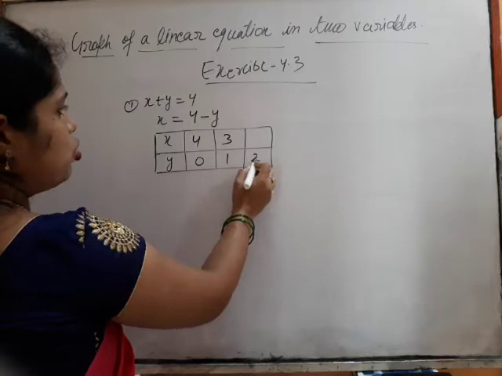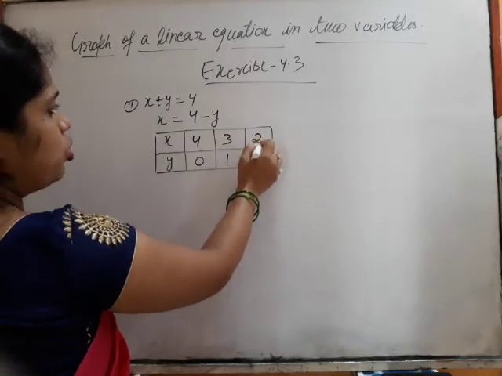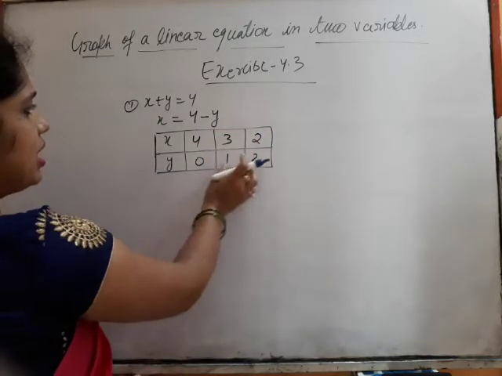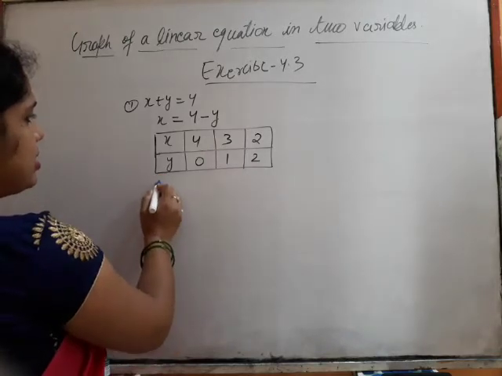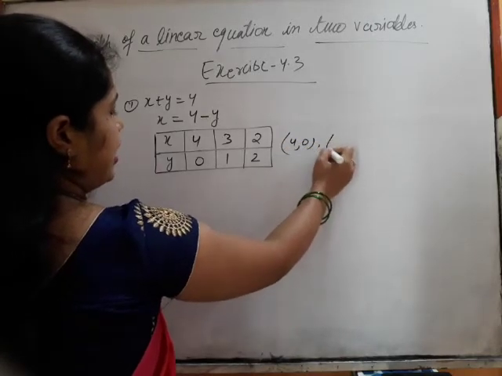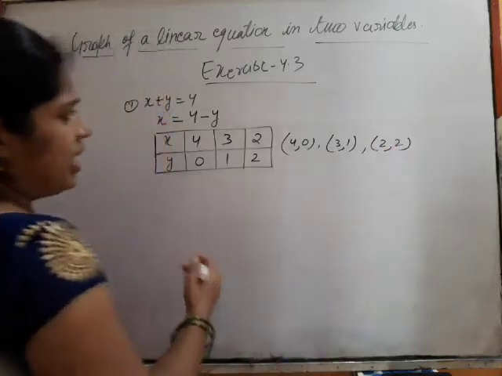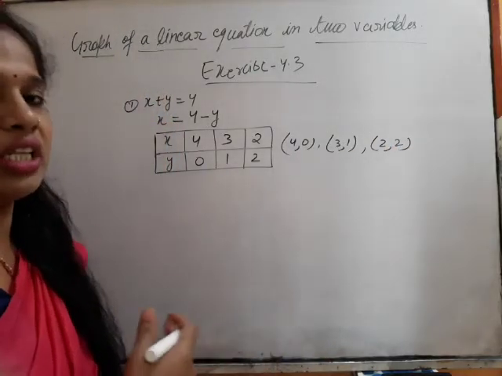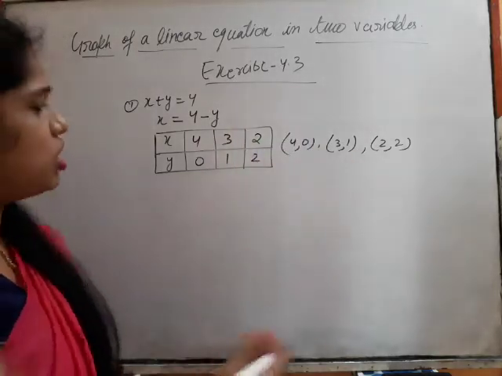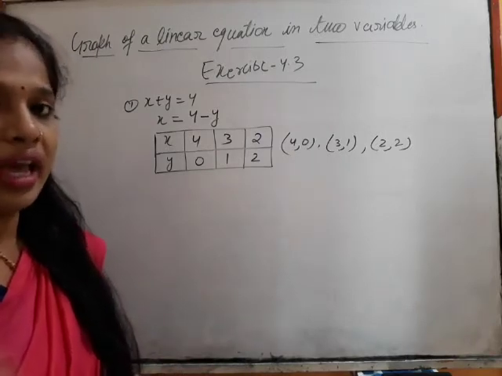If y is equal to 2, then 4 minus 2, 2 will be the value of x. These are the points: the first point is 4 and 0, the second is 3 and 1, the third is 2 and 2. These 2-3 points are sufficient to plot the graph, but if you need more values, you can put more different values for y to get more values of x.